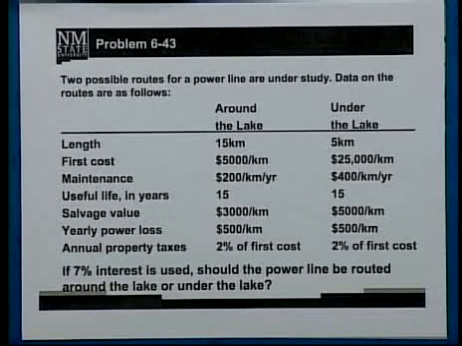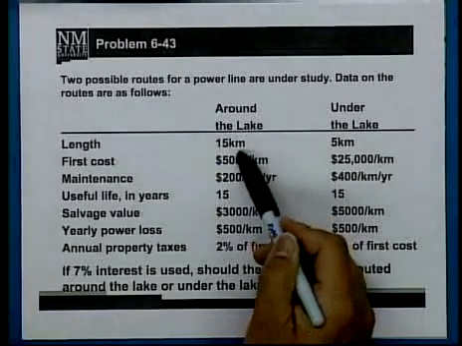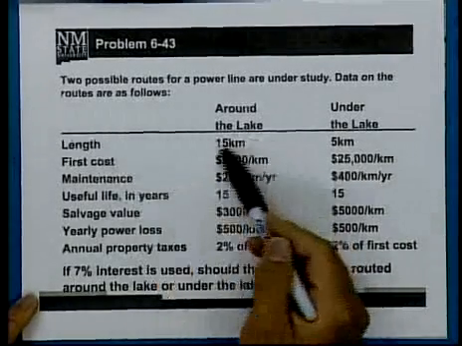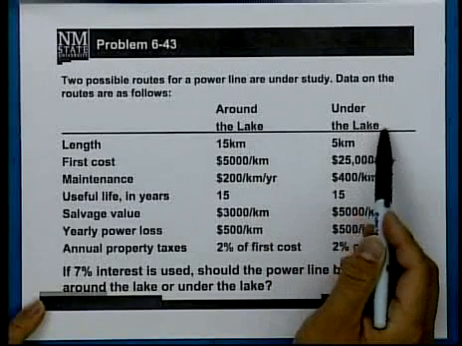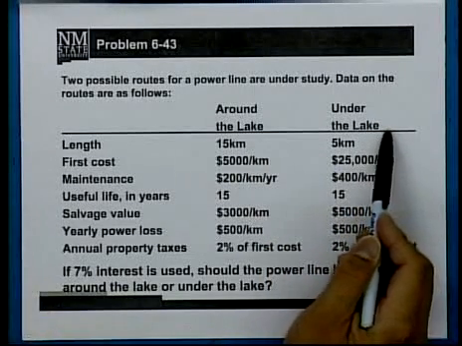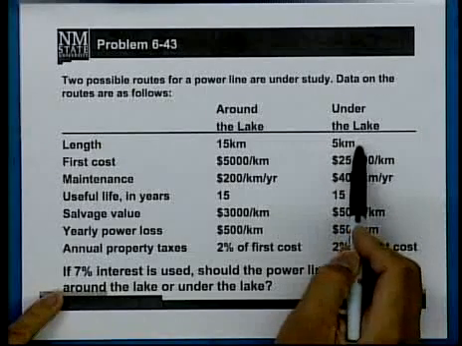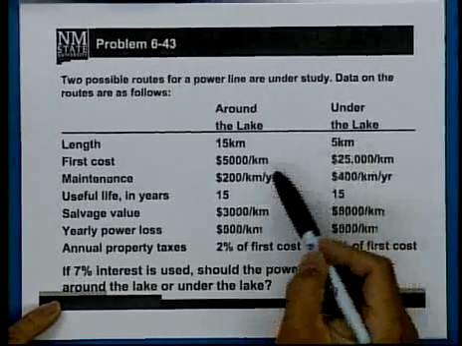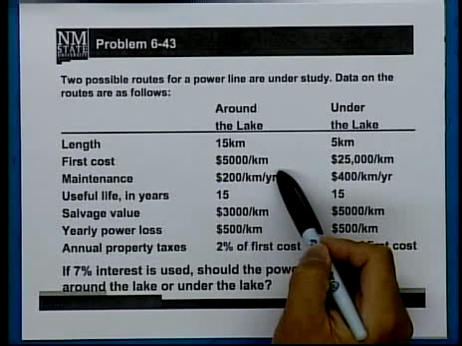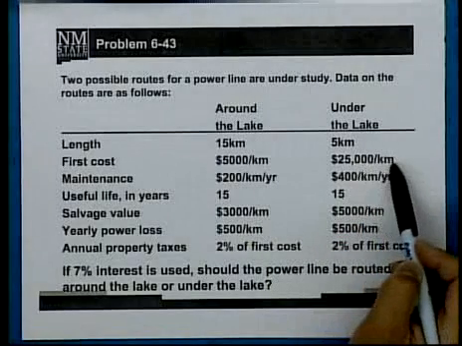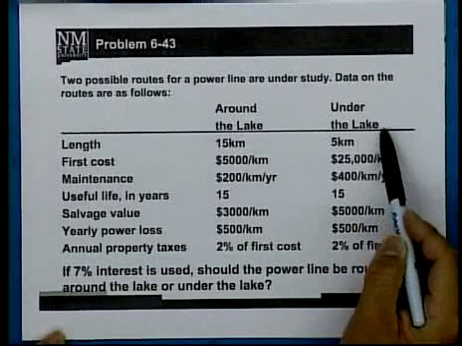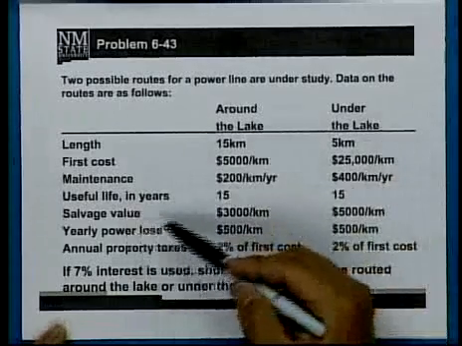If the pipeline is routed around the lake, the total length would be 15 kilometers. If routed under the lake, the total length would be 5 kilometers. And the first cost is $5,000 per kilometer for around the lake, and $25,000 per kilometer for under the lake.